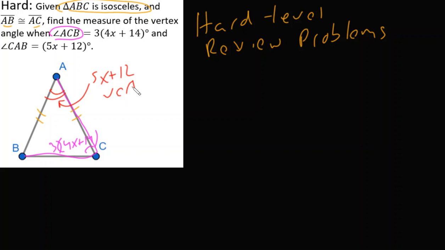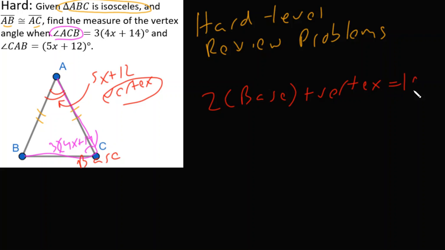Now notice that that is a vertex angle. So what are we going to do? In the specific case where we're given the vertex and the base, remember we're always going to do 2 times the base plus the vertex is equal to 180. Now what's that going to look like in this case?